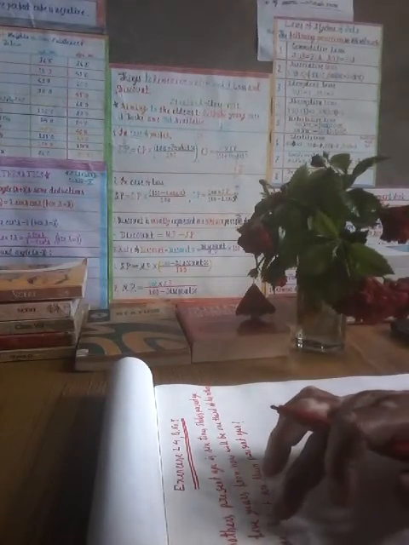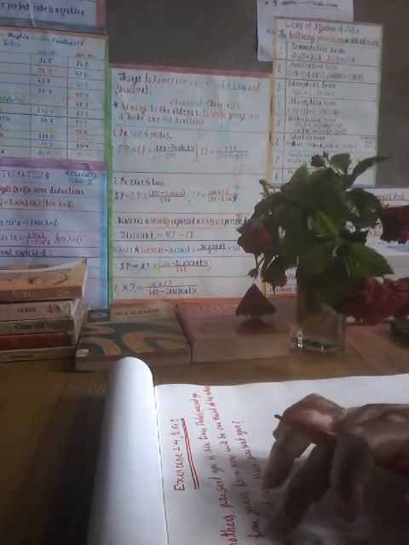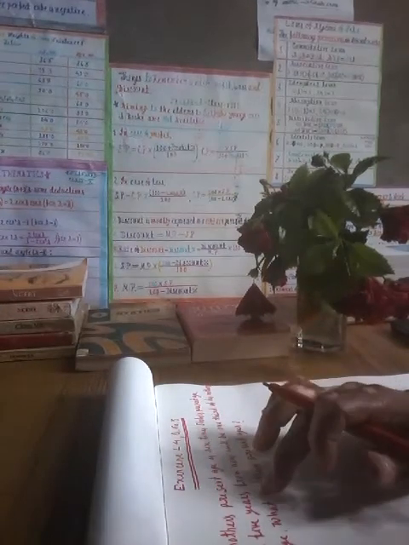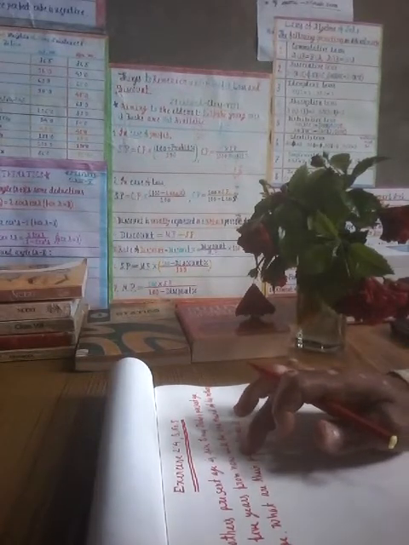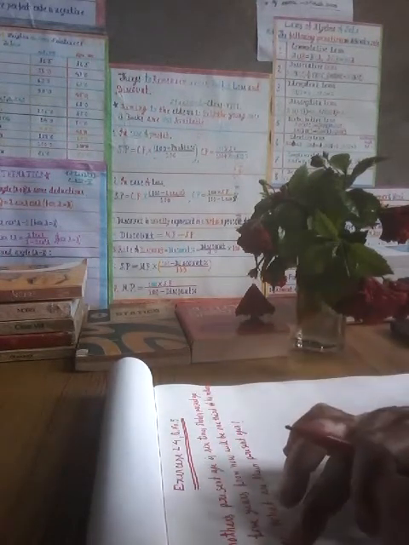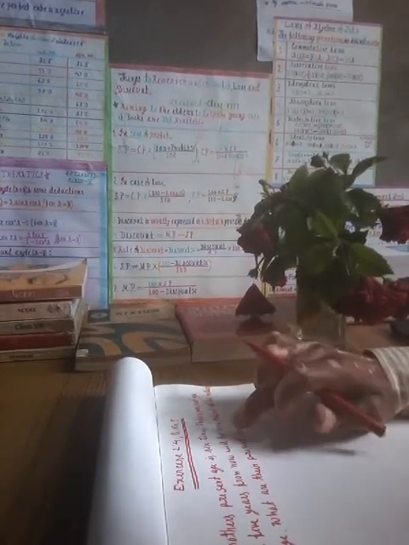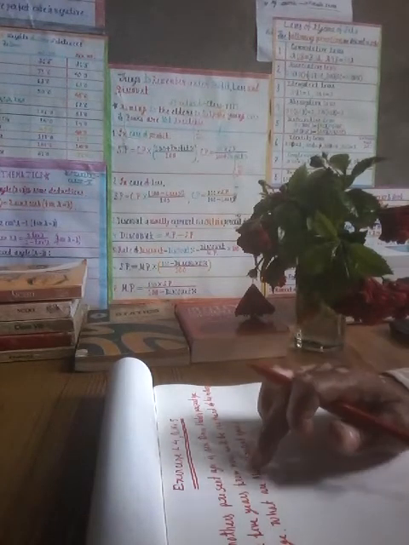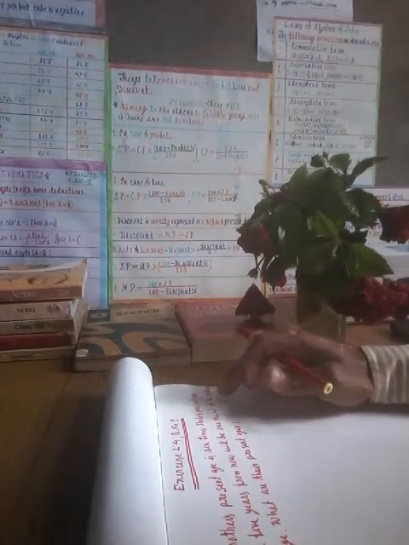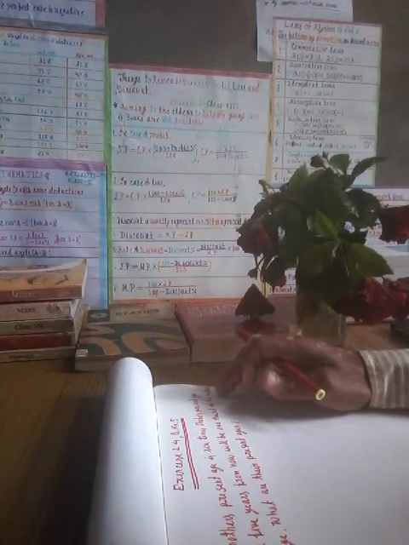According to the second part of the question, Subhu's age 5 years from now: if the present age of Subhu is x years, then after 5 years it will be x plus 5 years, and it will be 1/3 of his mother's present age.